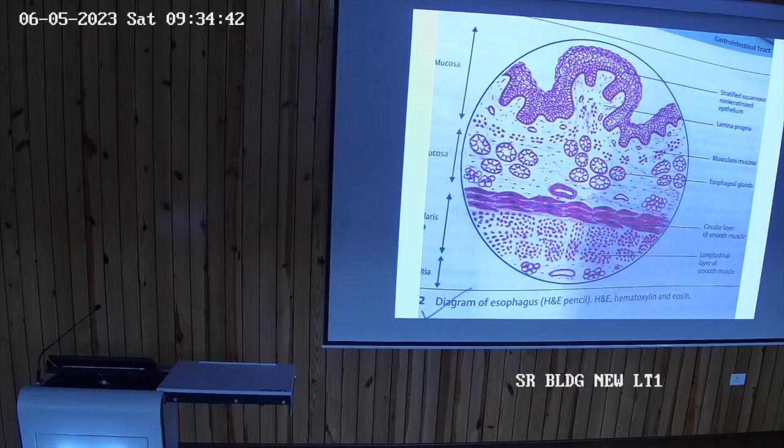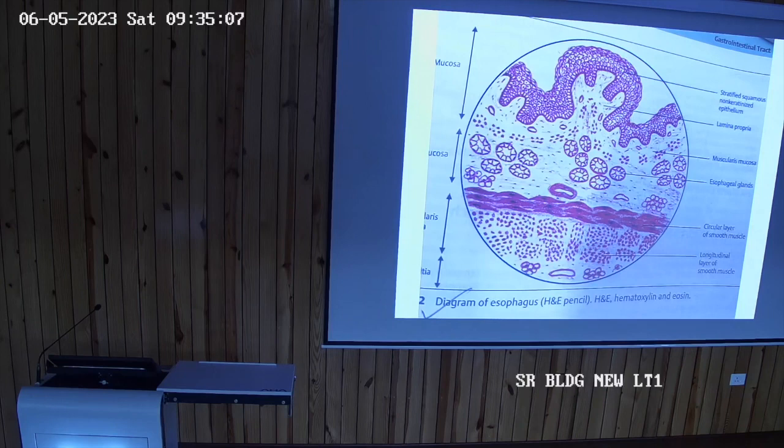So submucosa is showing the esophageal glands, which are seen in the part of the muscularis mucosa just above the lamina propria and also in the submucosa. Besides the mucus esophageal glands, in submucosa there is also a nerve plexus, which is commonly asked.